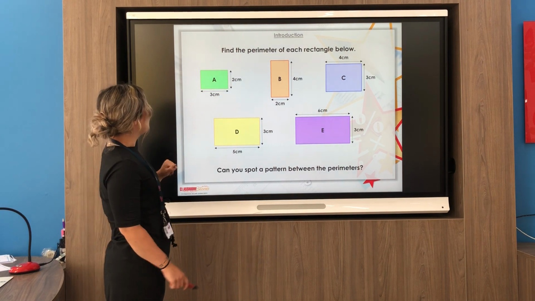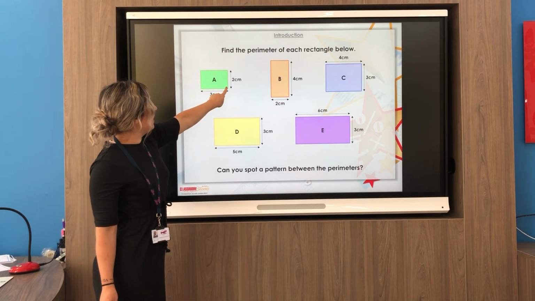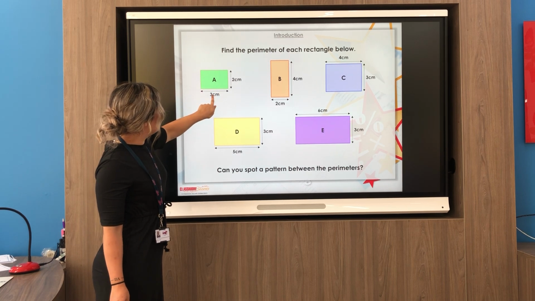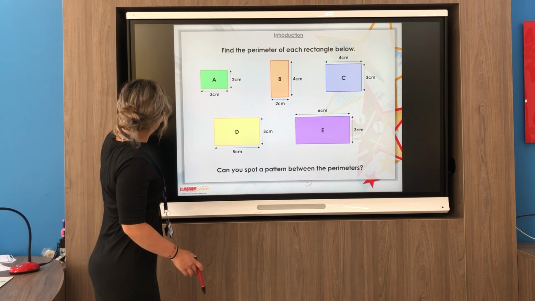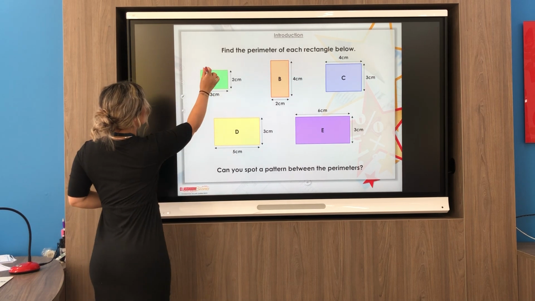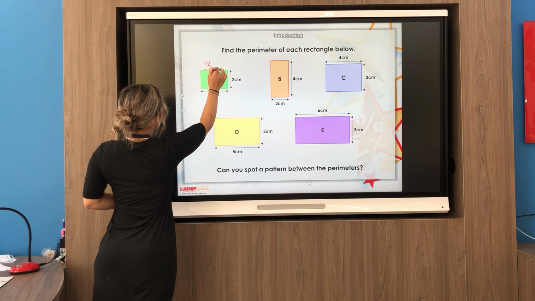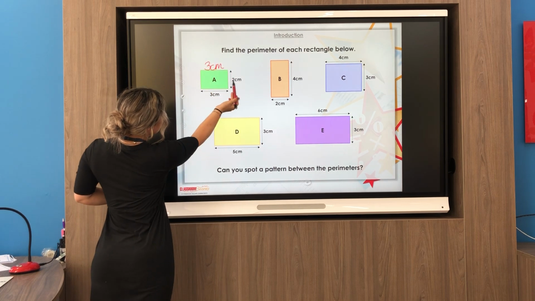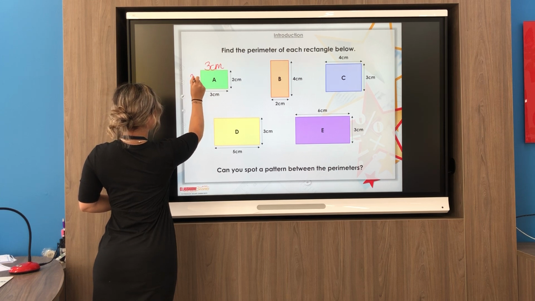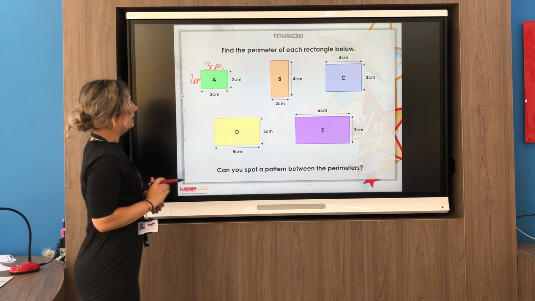So finding the perimeter, I know that if the length here of shape A is 3 centimetres, then also at the top, that is also going to be 3 centimetres. And the same here, 2 centimetres, it's going to be the same at 2 centimetres.